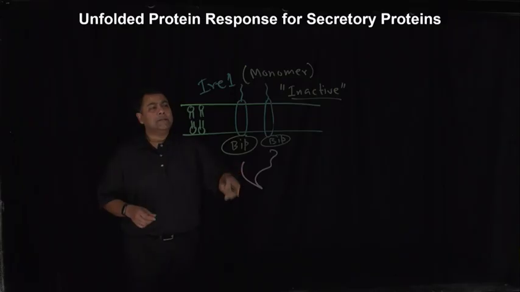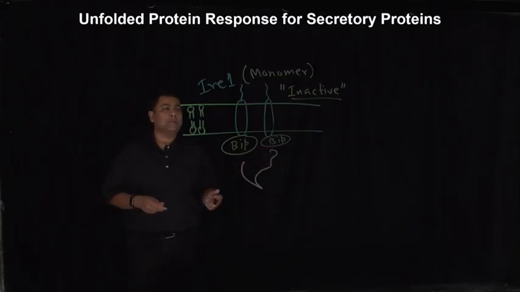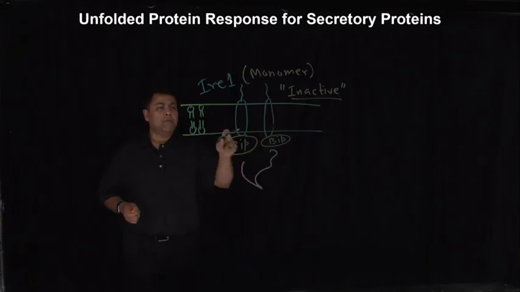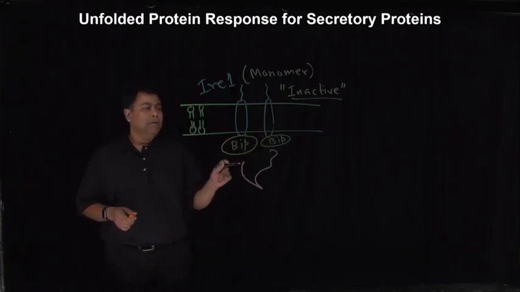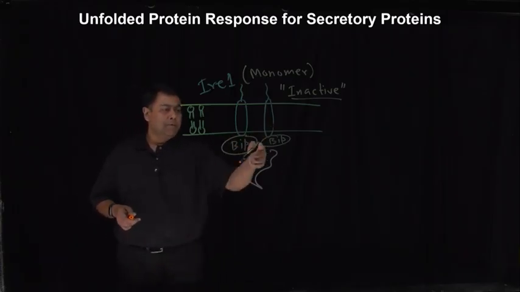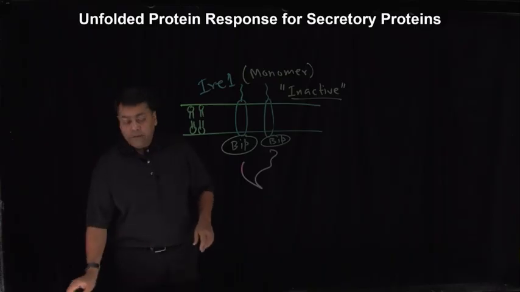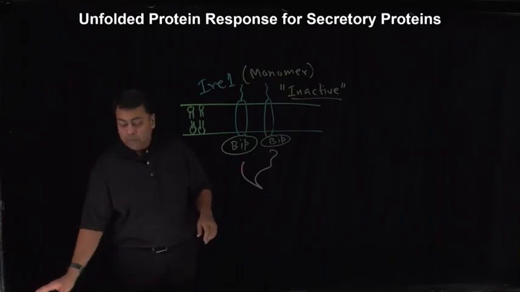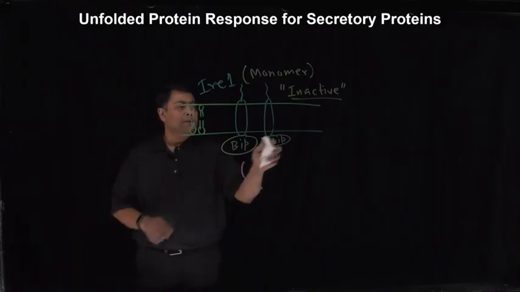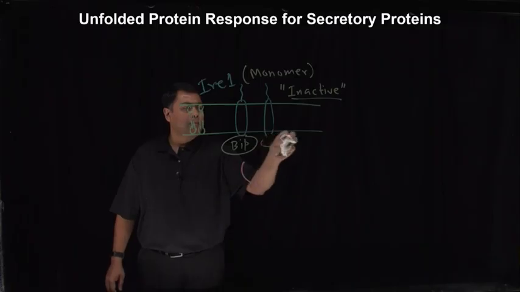Now, there are different types of these responses in the ER. It could be stress and other things as well, but here we are only talking about the unfolded protein response. If this protein is unfolded, the BiP comes off from these IRE1s. So the BiP will not be there anymore.